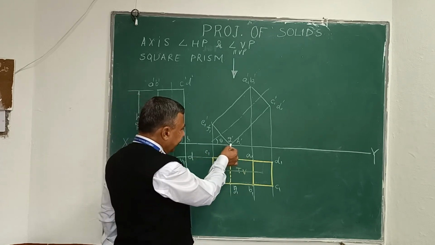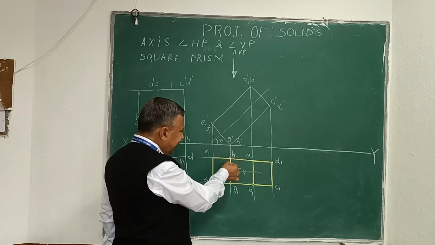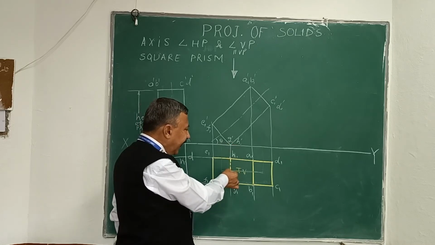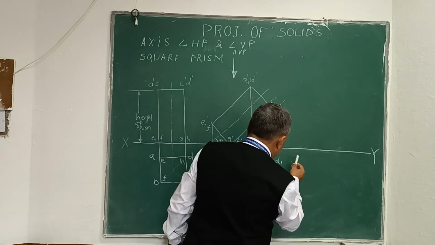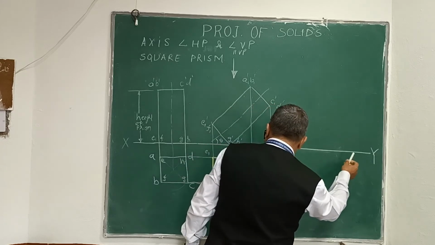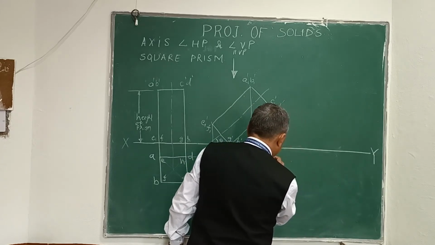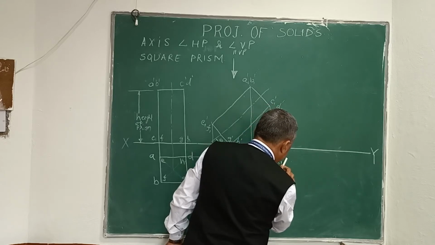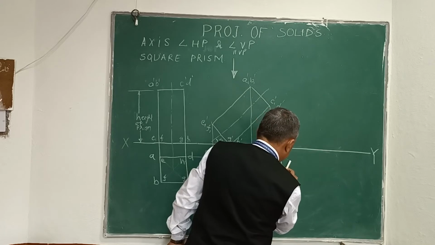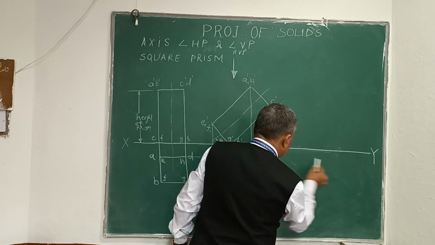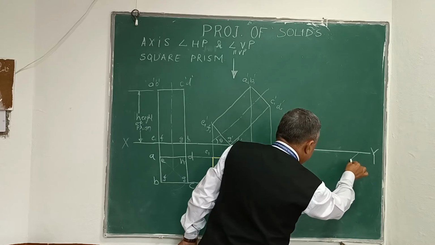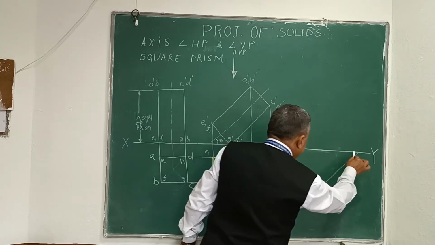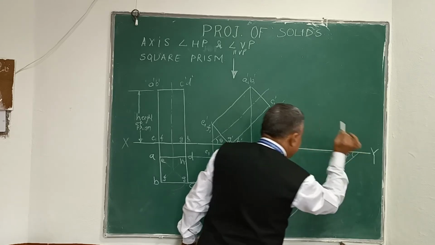Now I am going to incline by this edge. This edge is resting on HP, and I am going to incline this edge. This is the inclination from VP.